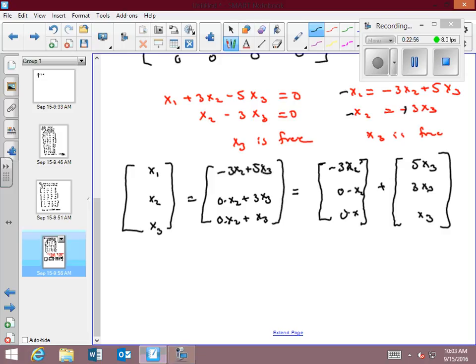Now then, this is times x2. So if I take x2 out of this vector, I take x3 out.